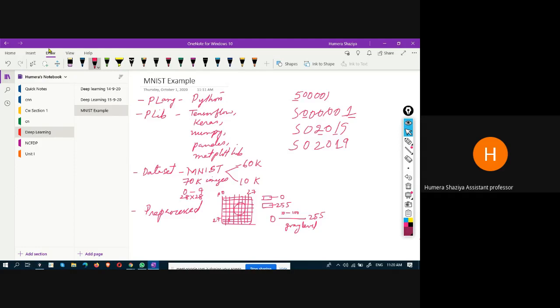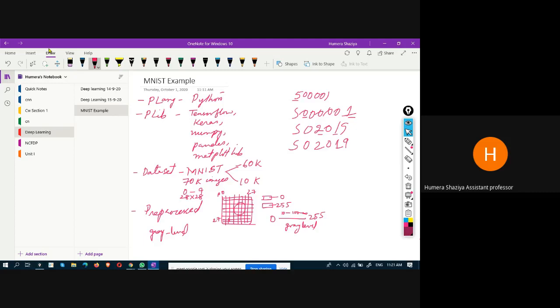And if you increase this to 200, it starts representing more of light white. And when you come to 255, it will be clearly white. This is about gray level images.